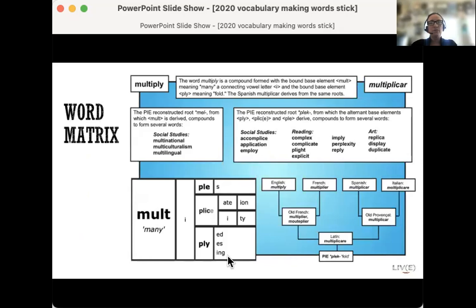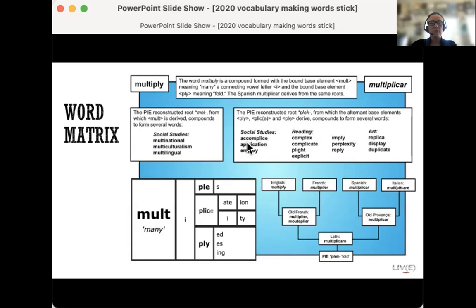One of the things you can do if you are really focused on trying to remember certain kinds of vocabulary is create what we call a word matrix. This might not be exactly your particular area of study, but look at MULT, many. We can make that into multiples, multiplicity, multiplying, things like that, all related to the term mult, relating it to things that you know.